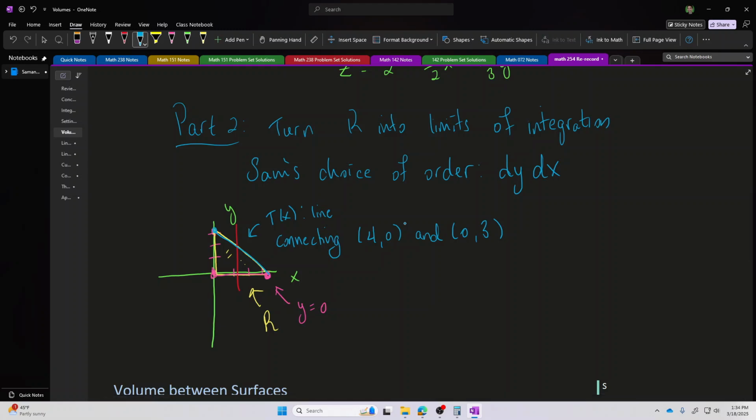So from these 2 points, I can find the equation of the line pretty readily. It looks like the slope of the line, if I do rise over run, is going to be negative 3/4, because that's 3 minus 0 divided by 0 minus 4. And I can see the y-intercept, b equals 3 is our y-intercept.